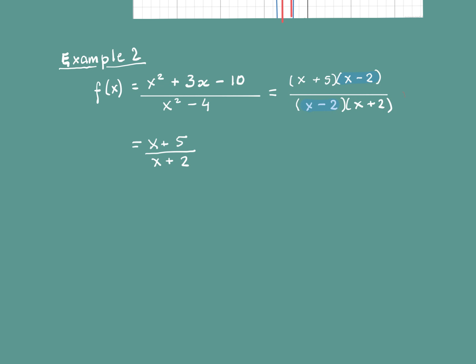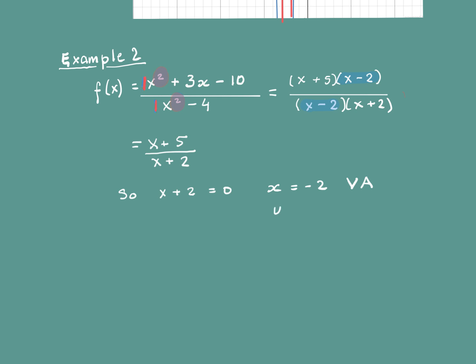In step 3 we look at the denominator and we set it to 0. So x plus 2 is equal to 0 means that x is equal to minus 2 is going to be our vertical asymptote. And there's also a horizontal asymptote because the degree here is 2 and the degree here is 2, and we use the fact that the coefficients therefore are 1 and 1.